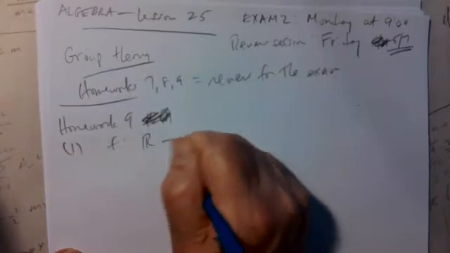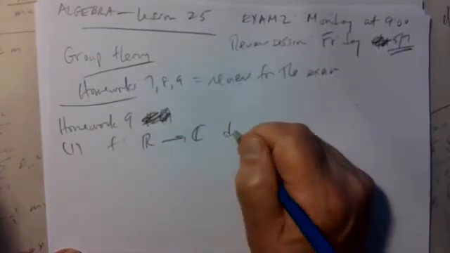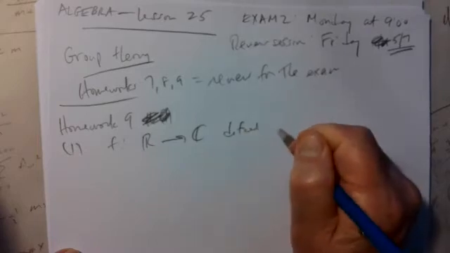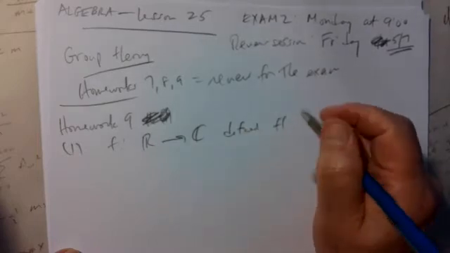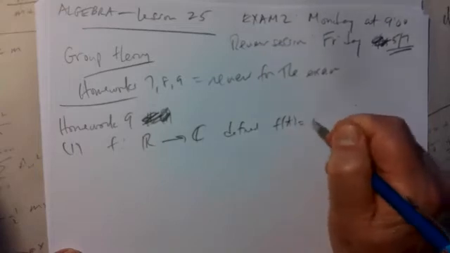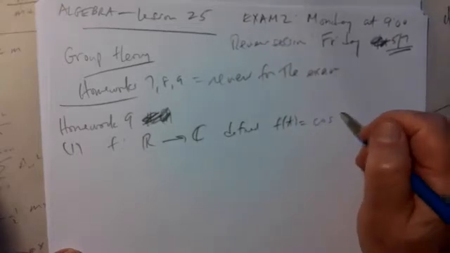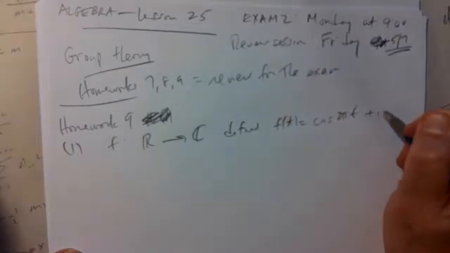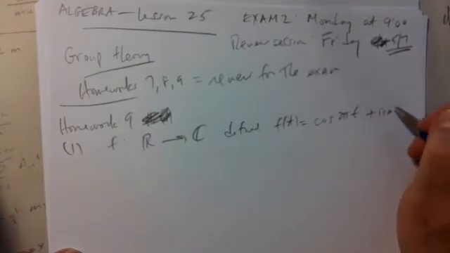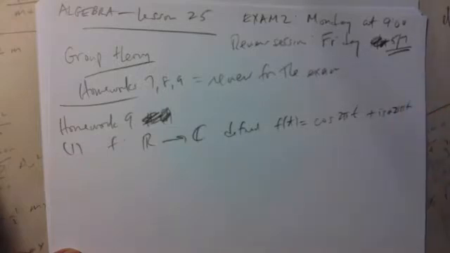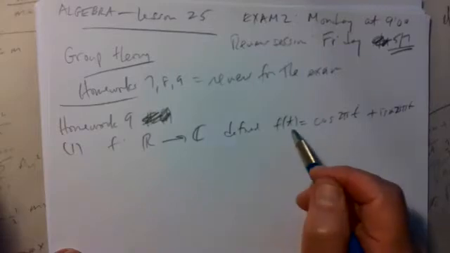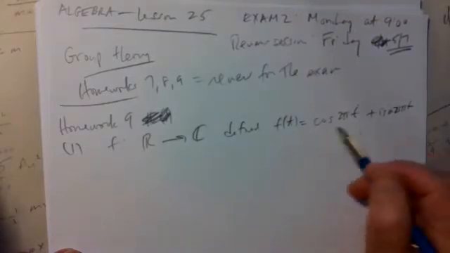So we have a function f from the real numbers to the complex numbers, defined by f of a number t is cosine 2 pi t plus I sine of 2 pi t. So t is a real number, and this is a complex number.